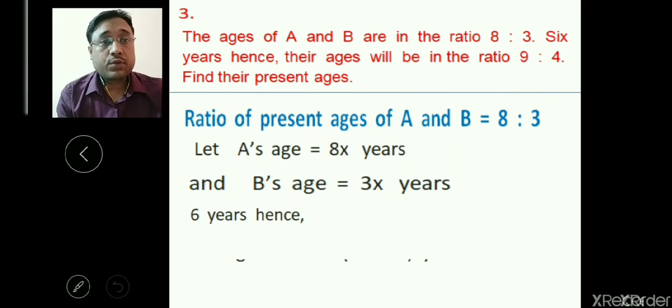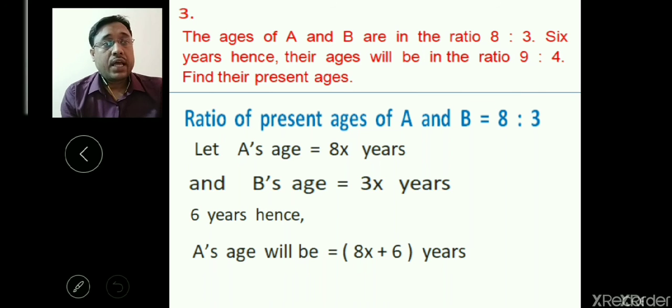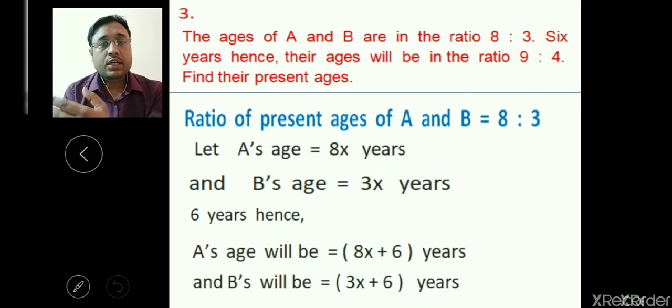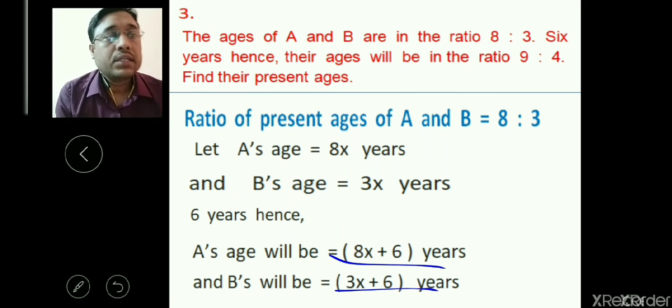So A's age will be 8x plus 6 and B's age will be 3x plus 6, because we are talking about 6 years hence, that means after 6 years.